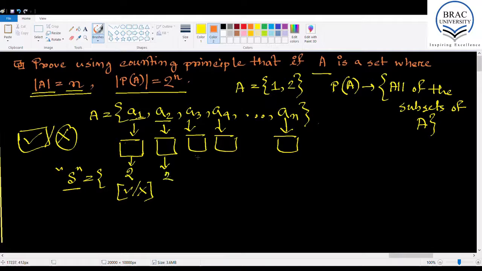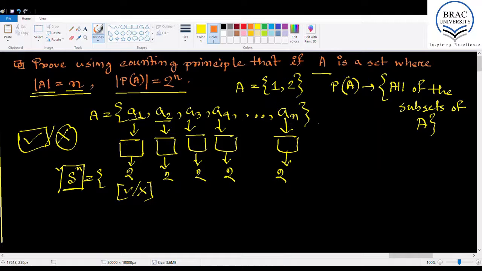As we can see, for each box, if we want to make a subset of A, we can either take this element or reject this element. And let's see, while making a subset S of A, can we keep any of these boxes void?